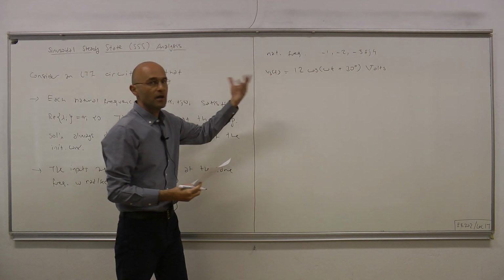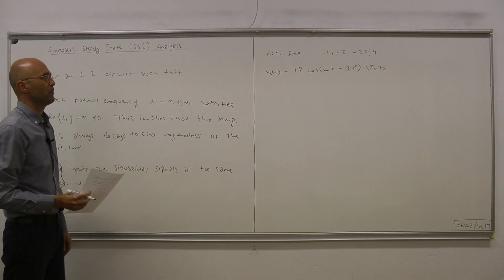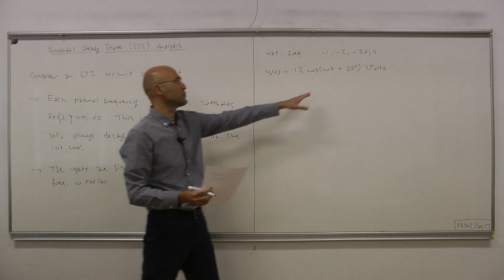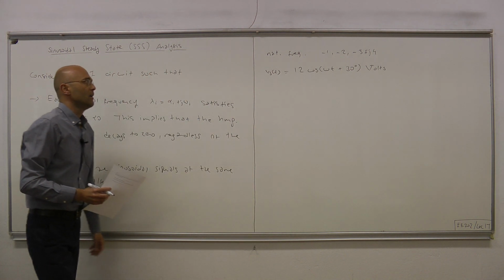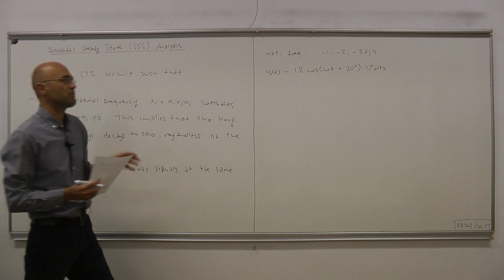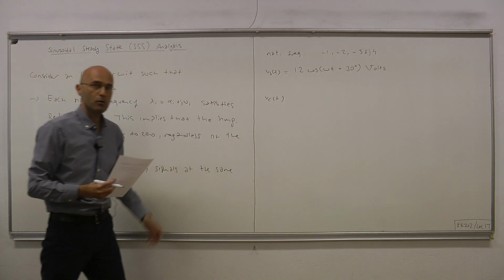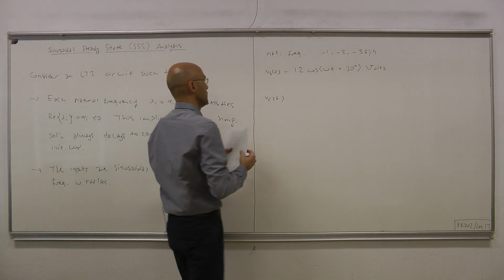So the inputs in our circuit are sinusoidal signals with some frequency, which we denote by omega. Now, for such a circuit, any output, let's say a capacitor somewhere, will have the following voltage.